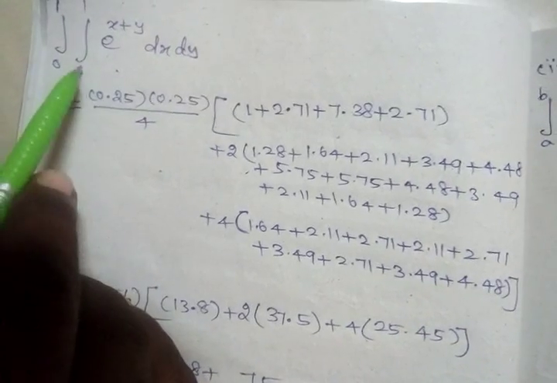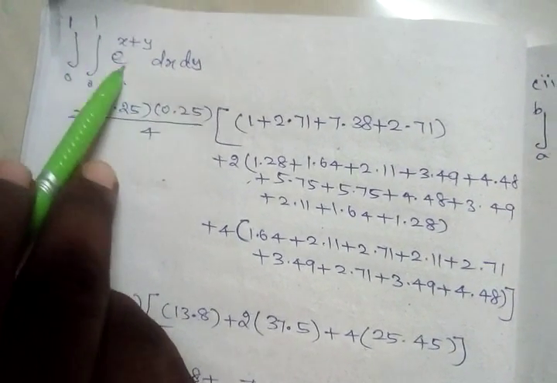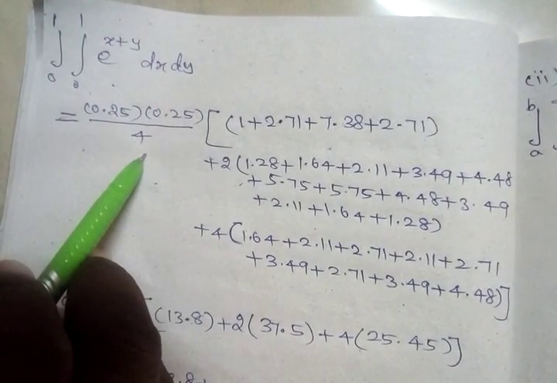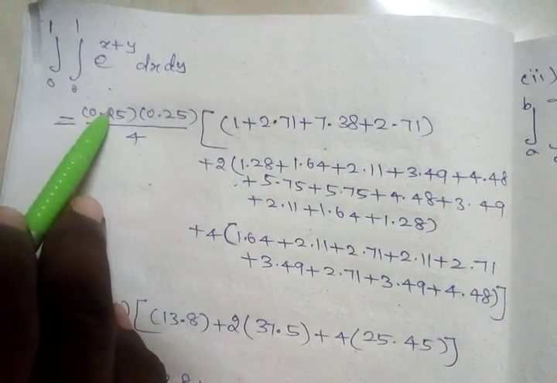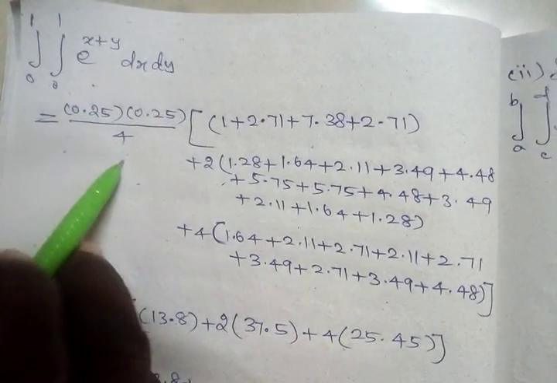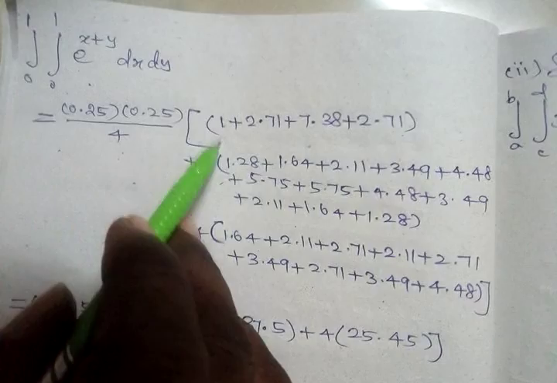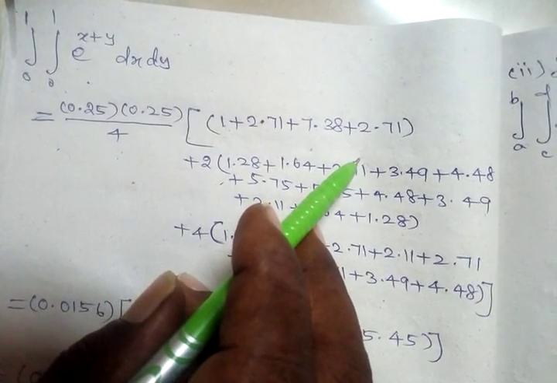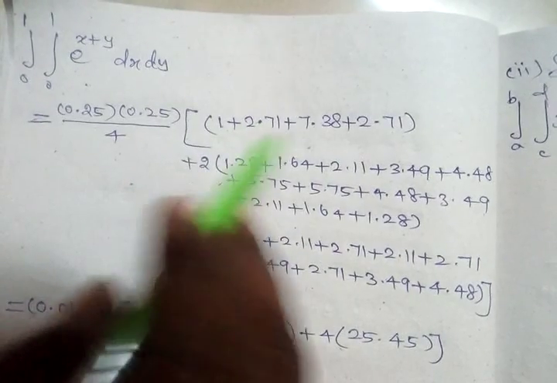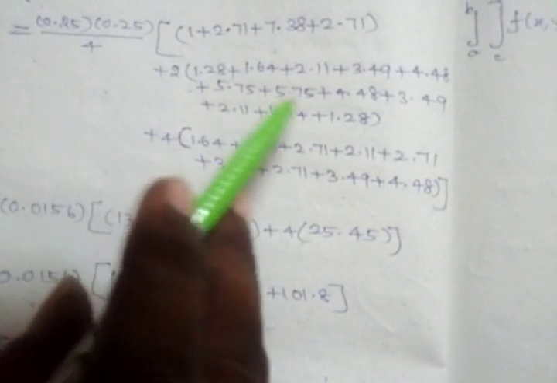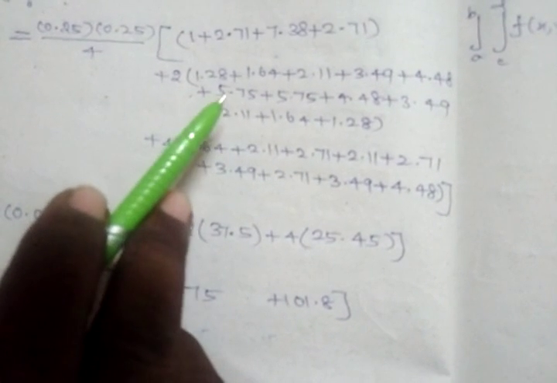So this is the function we are given: integral 0 to 1 e power x plus y dx dy equal to hk by 4. This is the formula. So for h 0.25, for k 0.25, by 4 into sum of the corner values. There are 4 values. Okay, I have taken these 4 values here, and then plus 2 into sum of the remaining values on the boundaries except corner.